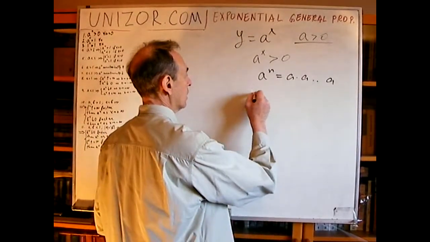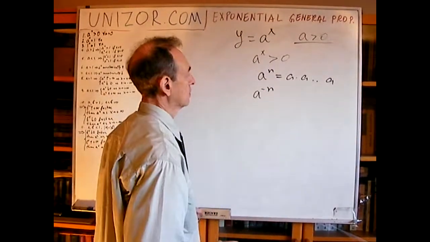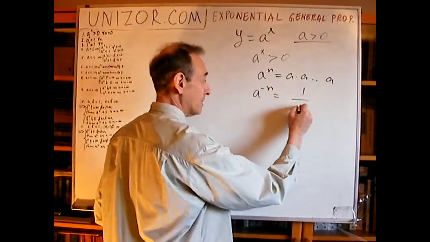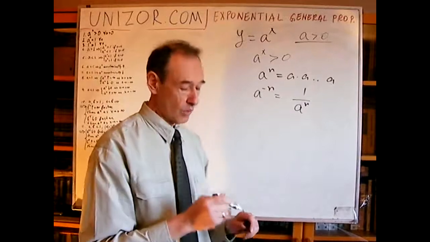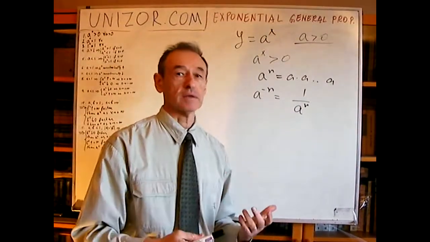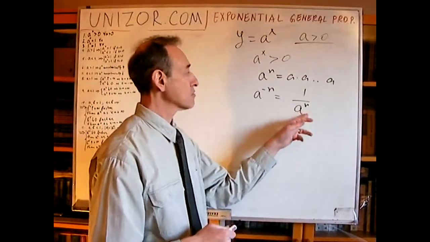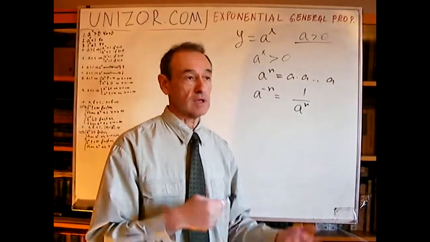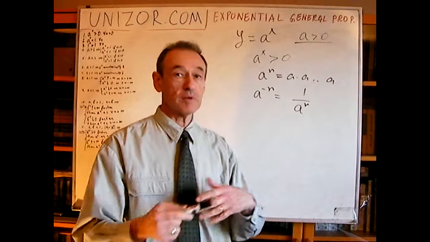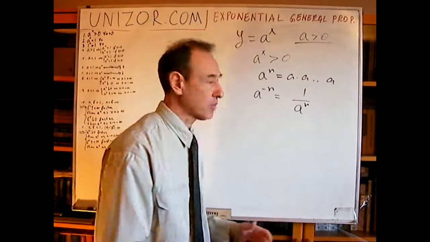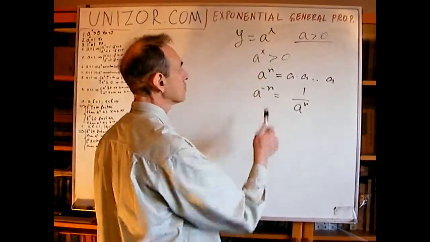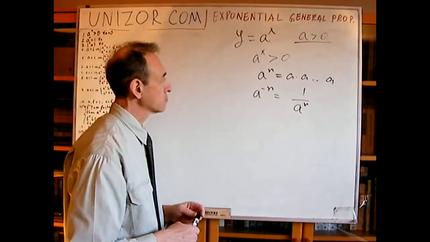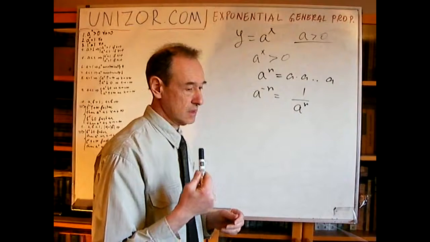Now, for a negative integer, where n is natural, so it's minus n, this is, by definition, 1 over a to the power of n, the inverse. Now, the inverse of a positive number is still positive. The inverse of 3 is 1/3. The inverse of a million is one millionth, still a positive number. So for all integers, positive and negative, a to the power of x is positive.